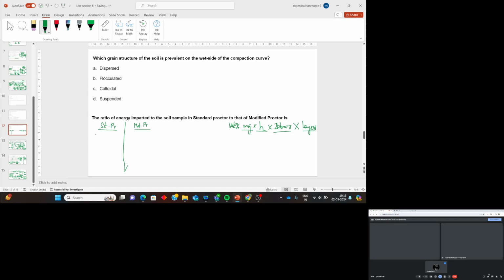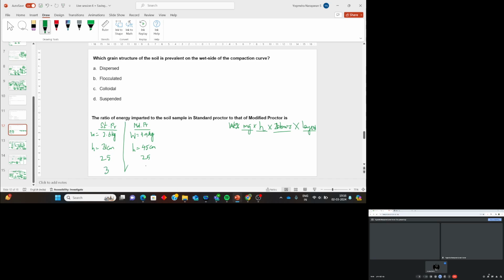For standard Proctor, the mass of the hammer will be 2.6 kg, and for modified it will be 4.9 kg. Height will be 31 centimeters, and 45 centimeters. Number of blows will remain 25, this is also 25.